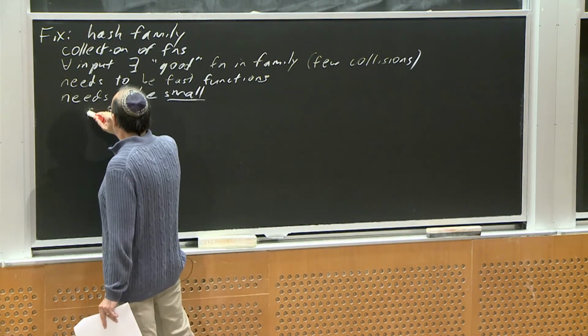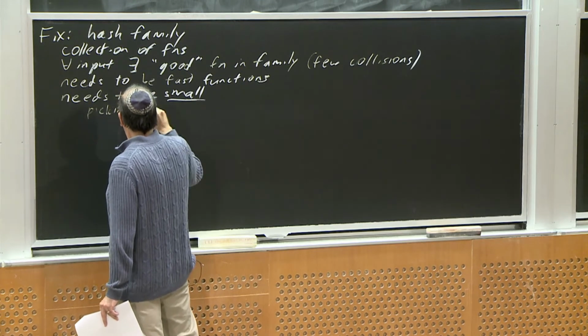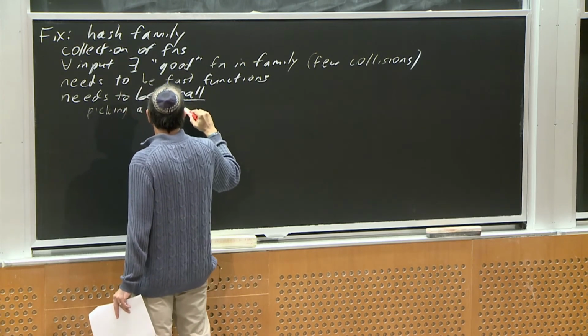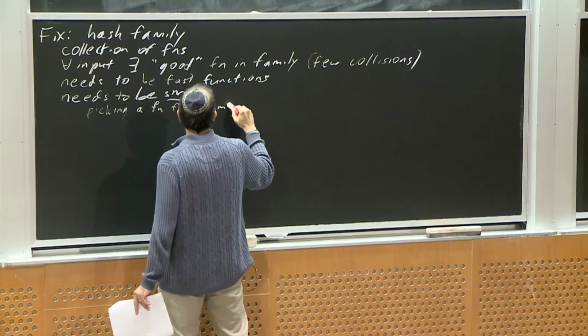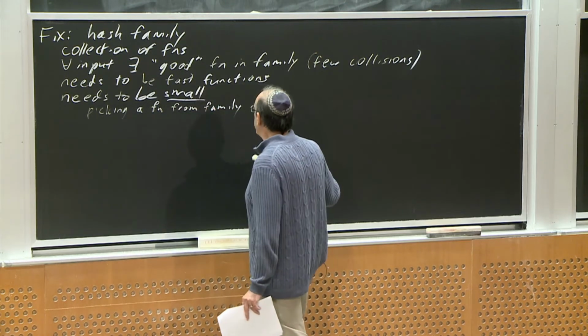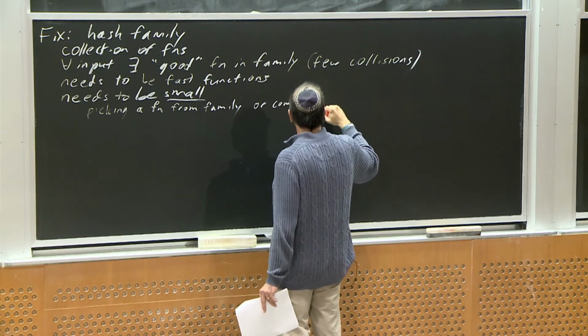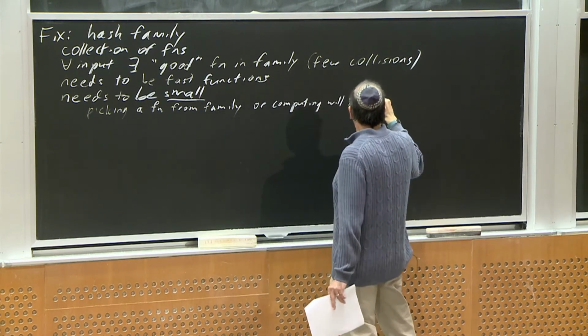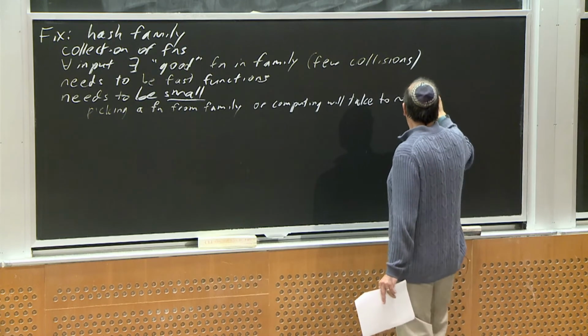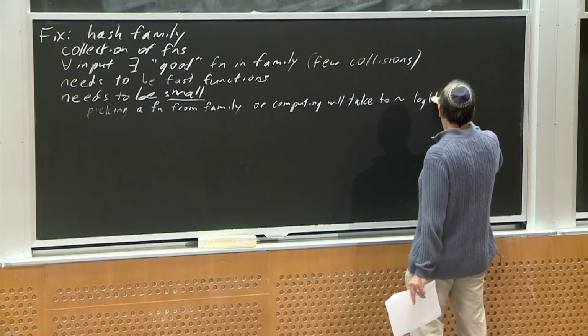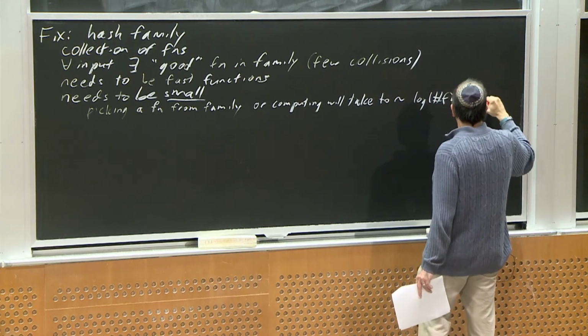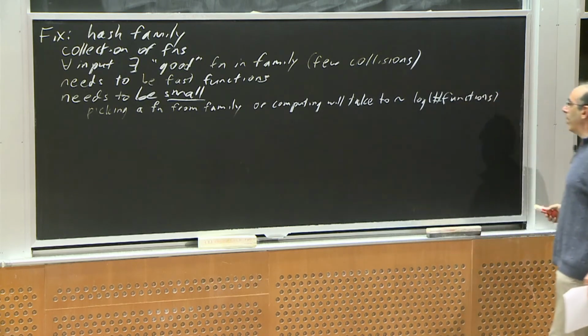So picking a function from the family or computing the function will take time proportional to the log of the number of functions. This is fuzzy. We'll be more clear about what that means later.